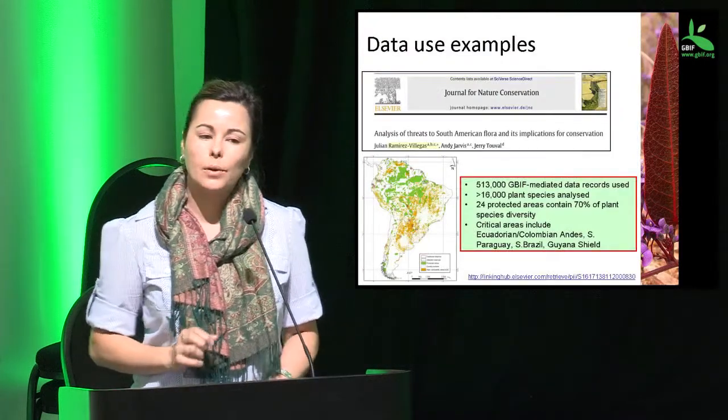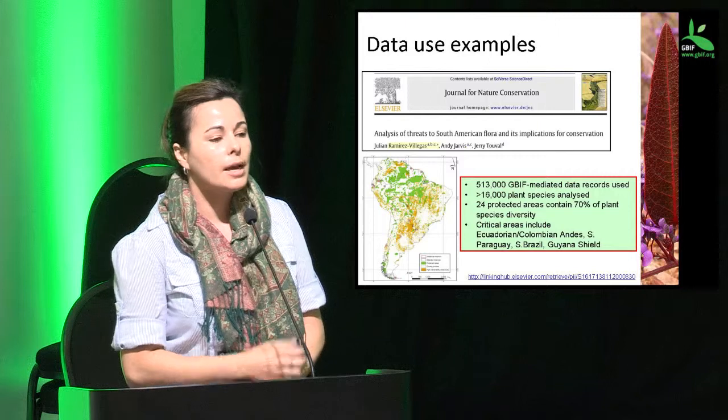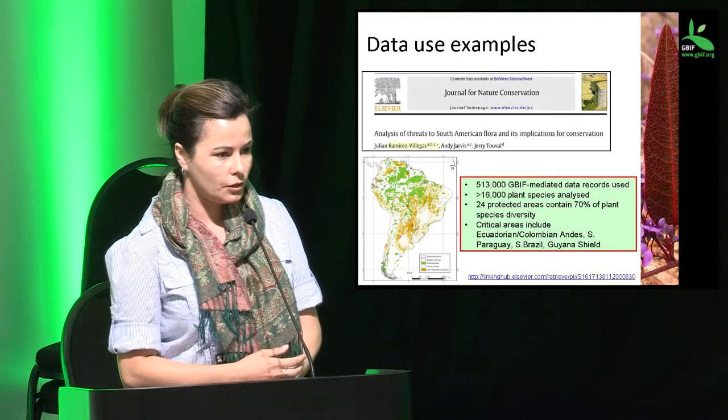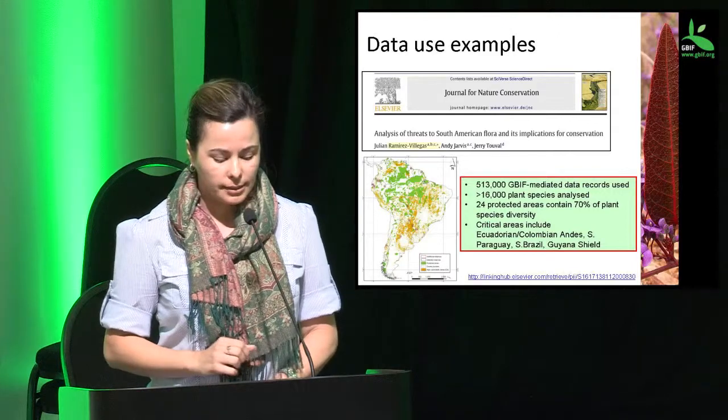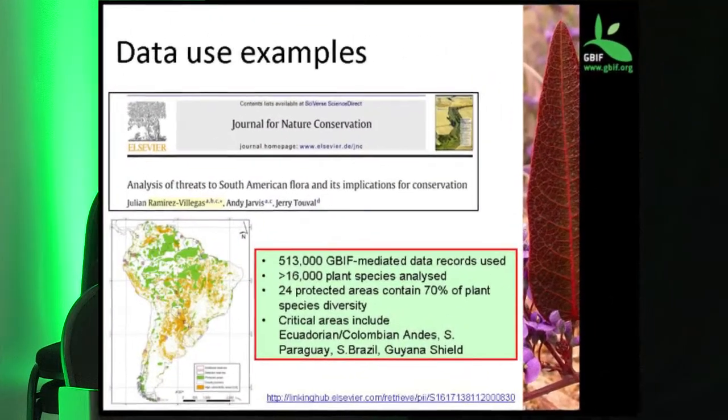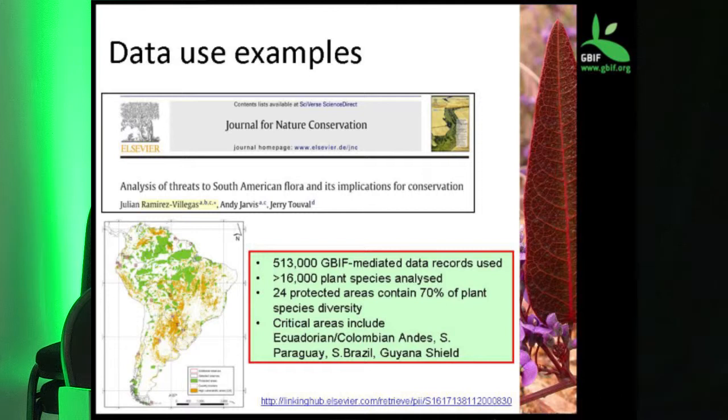Now, I'd just like to give you a couple of examples of how GBIF plant data has been used in plant conservation research. In this particular study, researchers from Colombia, the United Kingdom and United States used a large volume of data published through GBIF to identify critical areas for conservation of plant diversity across South America.